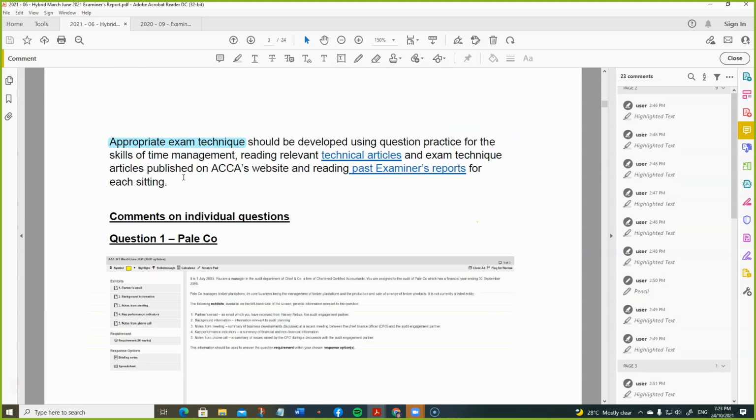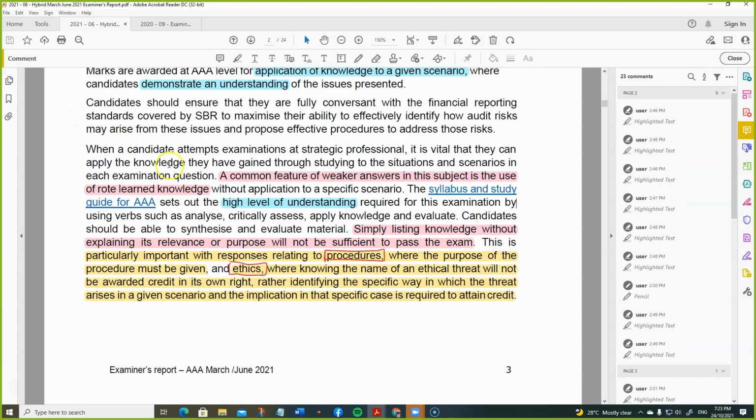Now, if you have a look at the pink bit here, it says a common feature of weaker answers in this subject is the use of rote learned knowledge. So they're stuck at the knowledge bit. They haven't gone to the understanding bit. When they see the scenario, they are lost as to how they can apply it. And these are the borderline cases.